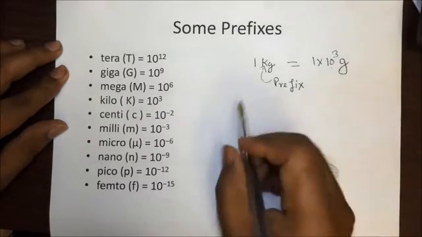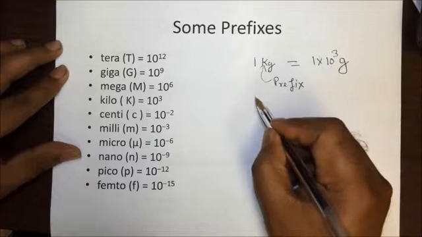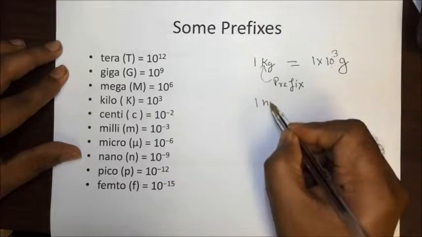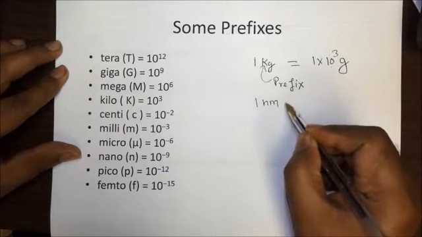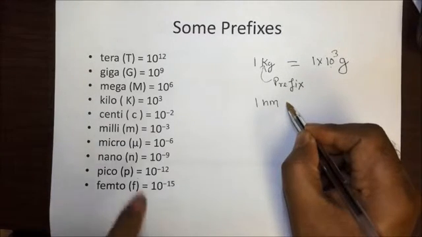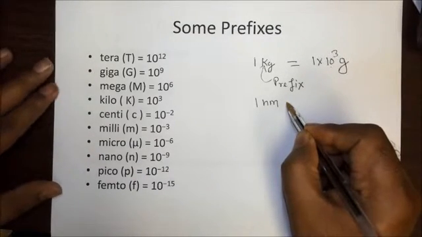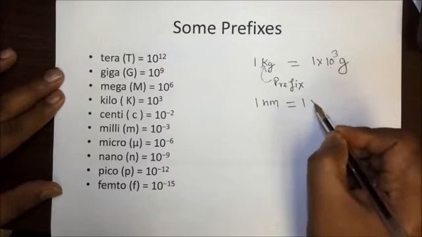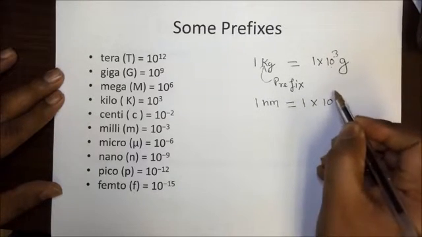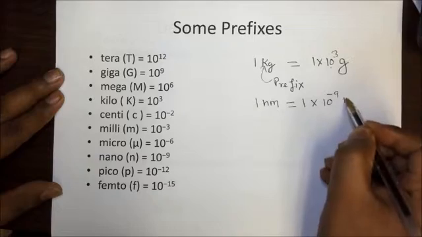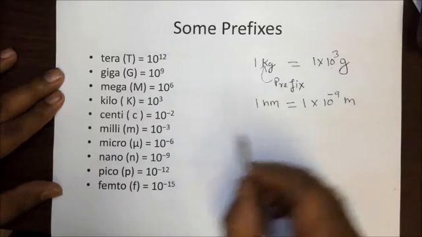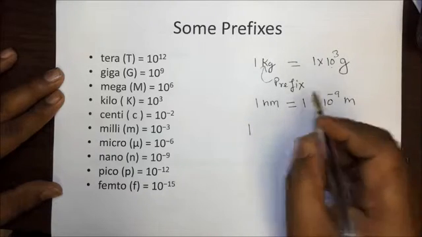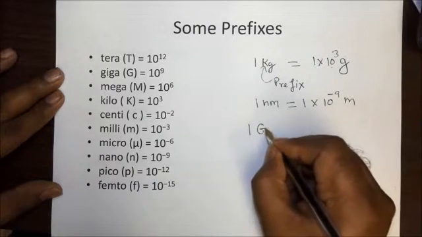Very similar, you might have seen 1 nanometer. This is N for nano, and it means 10 to the power minus 9. So this is equal to 1 times 10 to the power minus 9 meter. You might have seen 1 gigahertz.